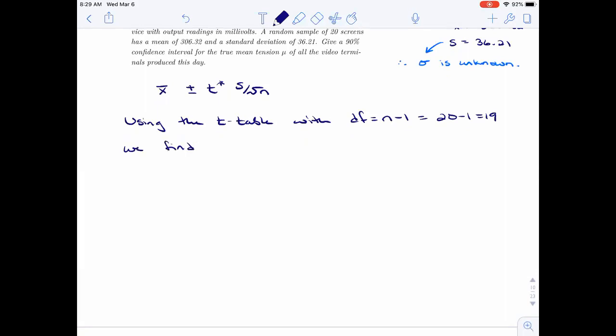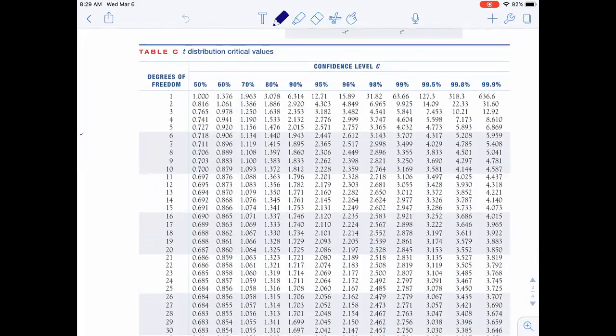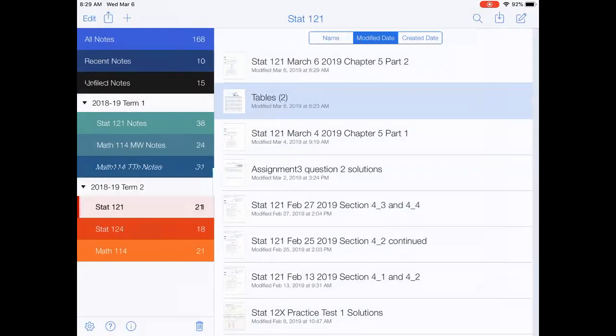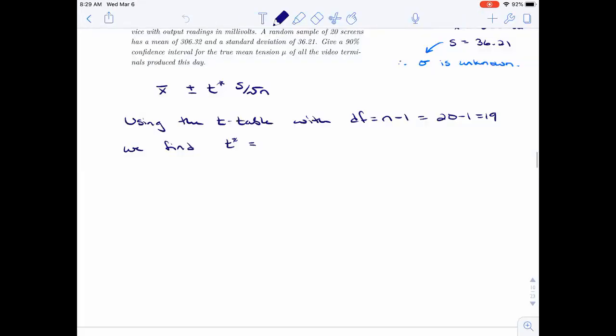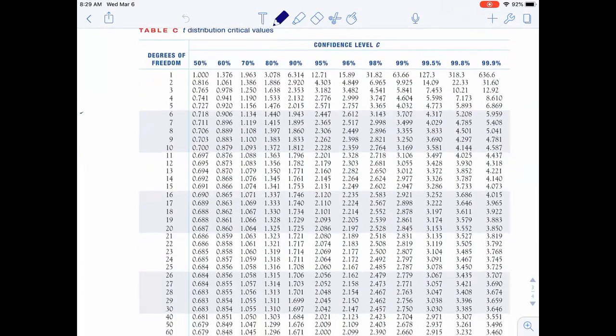We find t star is, let's see here. So we have 19 degrees of freedom. Oh, I forgot to remember, a 90% confidence interval. We have 19 degrees of freedom on our table, right?